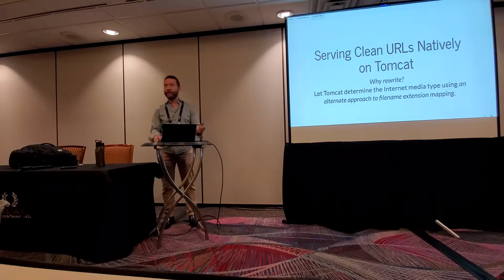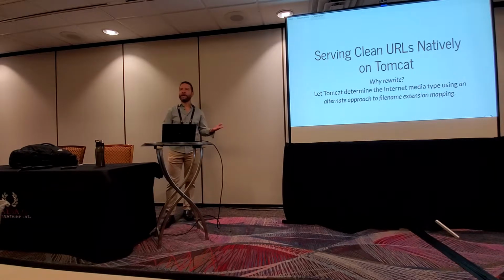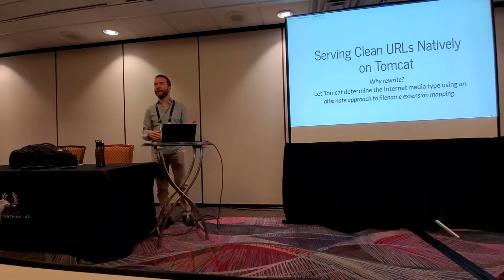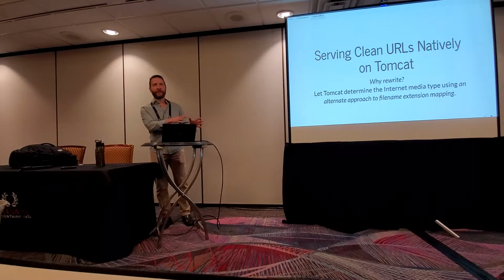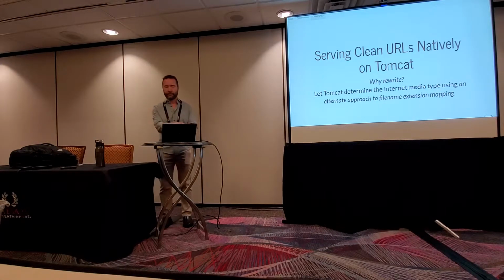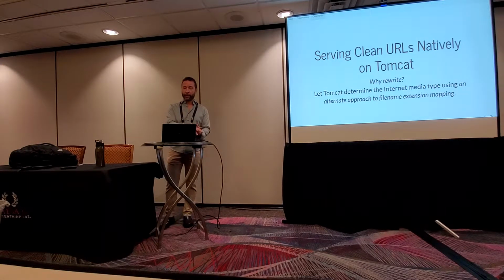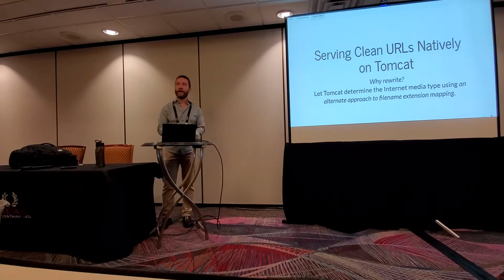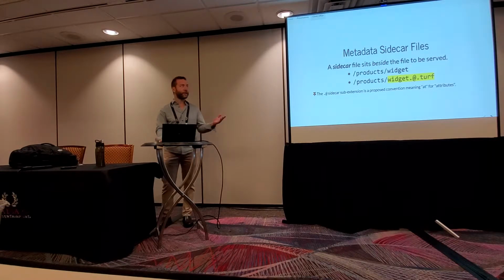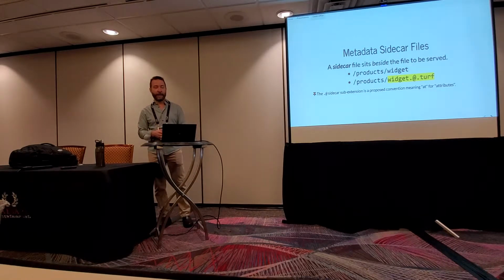But again, going back, if the browser just cares about the content type header, why do we need to rewrite altogether? So all that was to get to the central core point of the project: we can tell Tomcat what content type header to send back using some alternate method than file name extensions. The solution that we use here is metadata sidecar files.